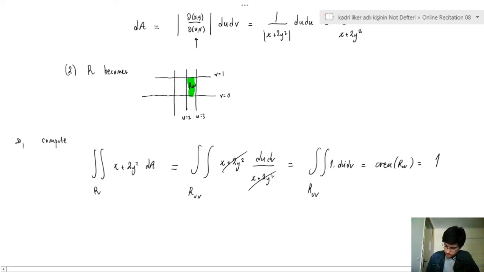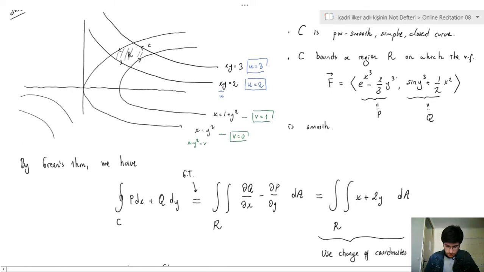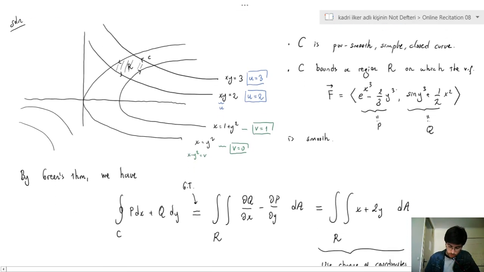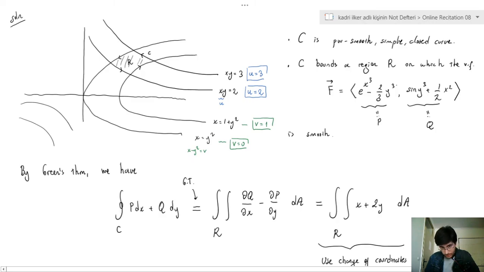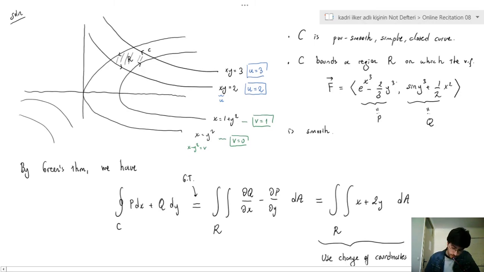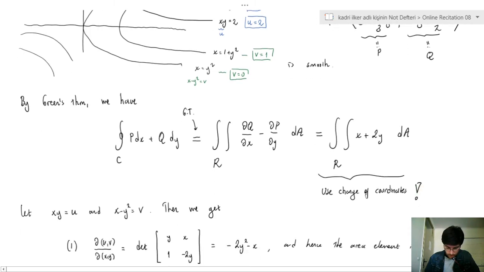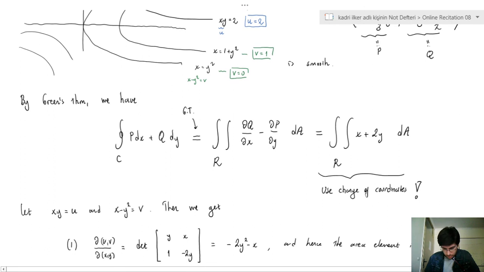You see, we started with a line integral problem, a line integral of a vector field. By using Green's theorem, we passed from the line integral and landed in the territory of double integrals. Then the problem turned out to be a double integral problem.